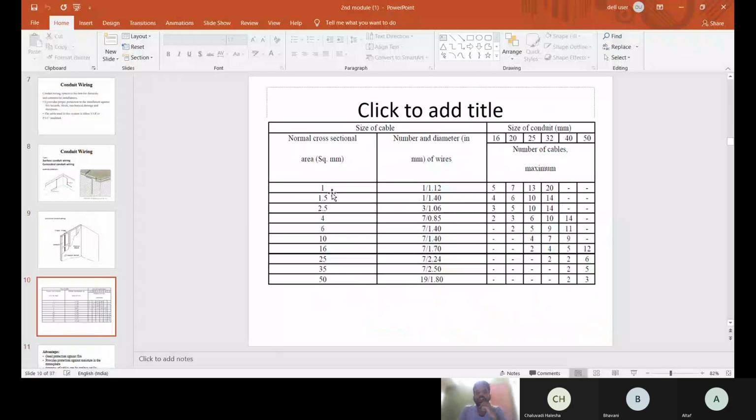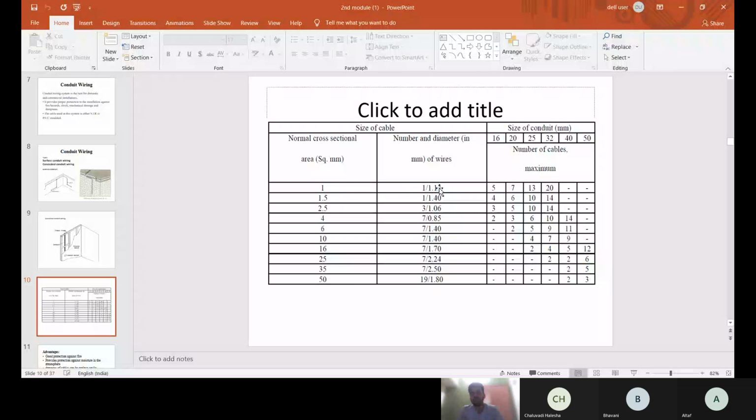For example, if I am going for 1 square mm wire, then I need to pass 1 by 1.12 mm of copper wire. There are different types of conductors; we can go for copper wiring or aluminum wires. Based upon the load, we need to decide which size of wire to select.